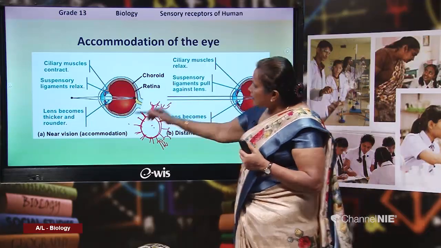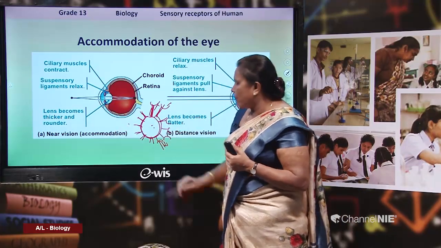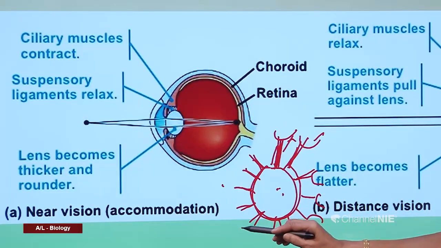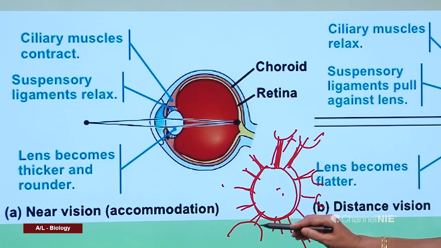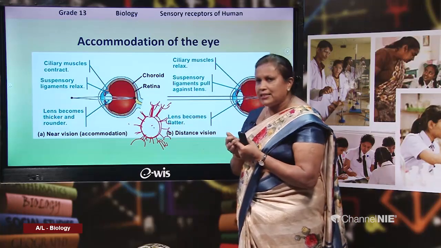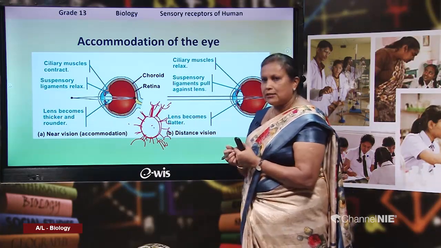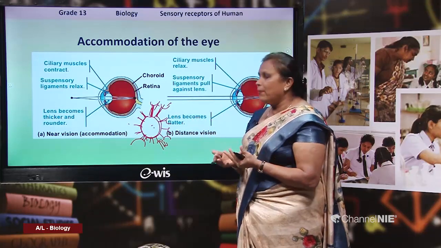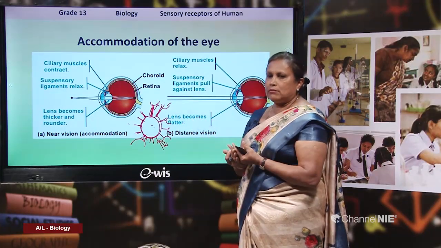But when the person is looking at a near object, ciliary muscles move towards the lens, and the suspensory ligament loosens and the lens gets its normal convexity.